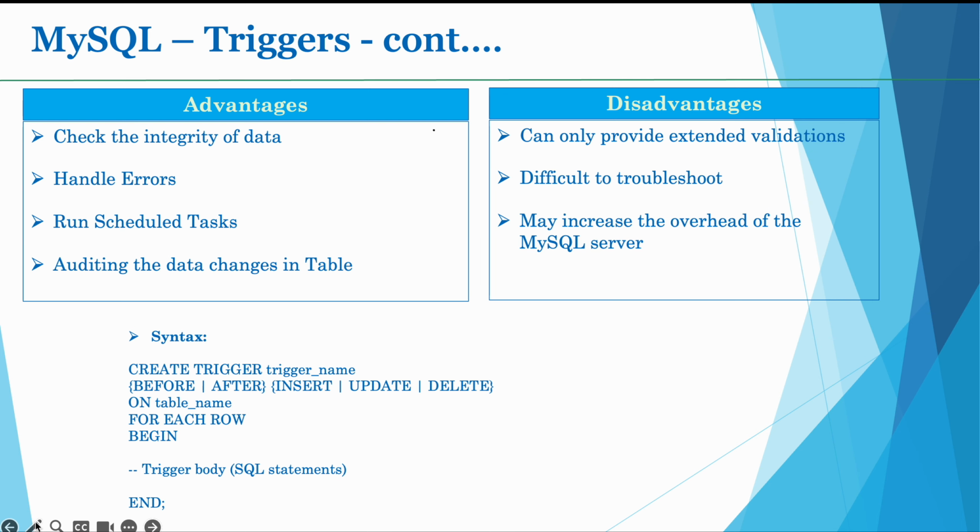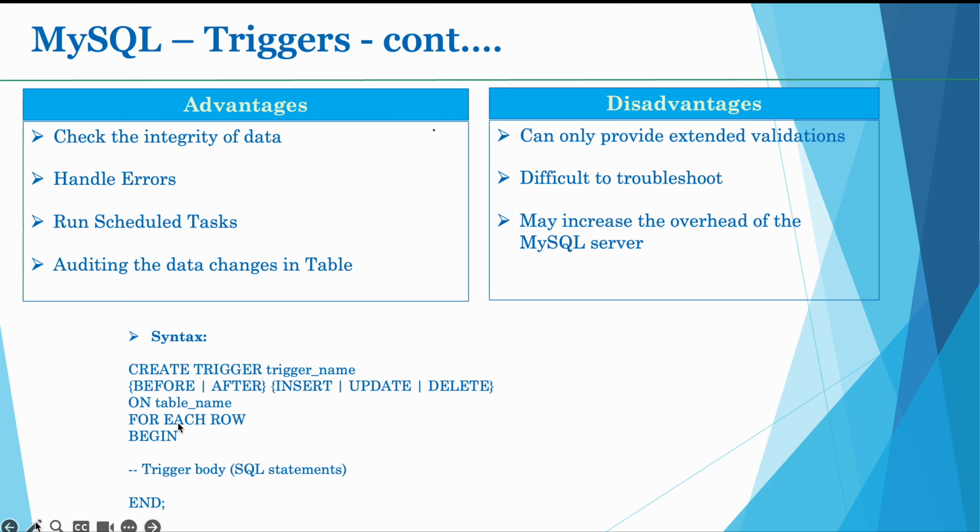Whenever you want to create a trigger, you use CREATE TRIGGER and pass the trigger name. Then you specify before inserting or after inserting, or before updating or after updating, the table on which you want it to execute, FOR EACH ROW, and BEGIN with the trigger body.